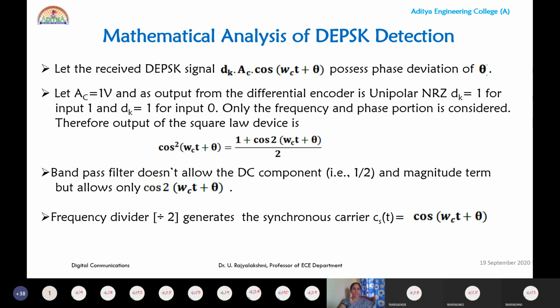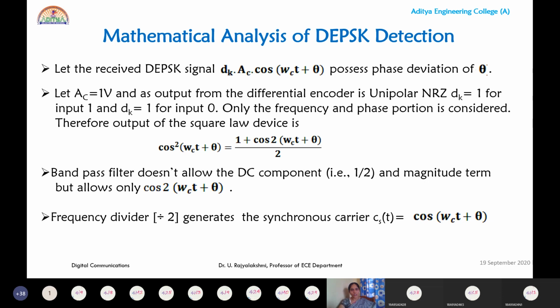So dk is 1 for input bk equal to 1, and dk is 0 for input bk equal to 0. Anyhow, our differential encoded data is unipolar only. It consists of only two levels, 1 and 0.